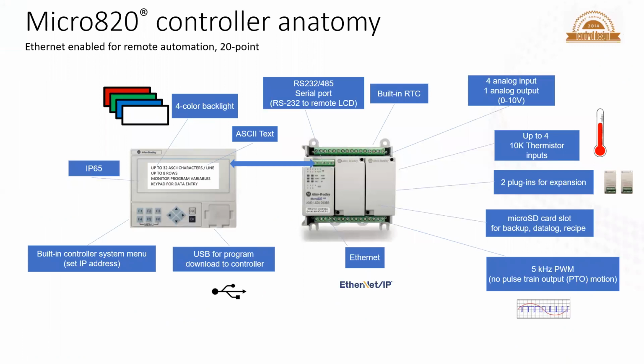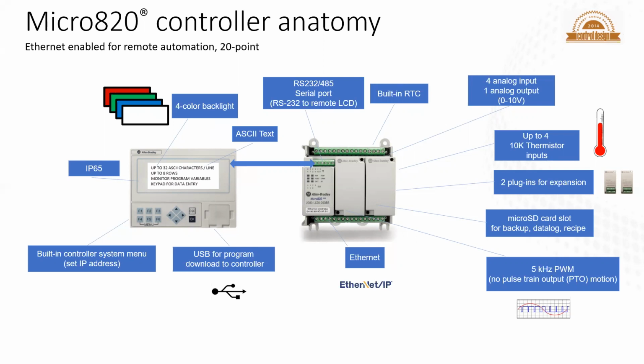So let's go into a little bit of detail on the 820. The 820 does not have any expansion, but it does have two pluggable slots that you see there that are blank on the screen. So it's got a little bit of expansion available. Now it has a built-in Ethernet IP port as well as a serial port, and that built-in serial port can be used either as RS-232, or there's also a very small remote LCD display you can plug into it.